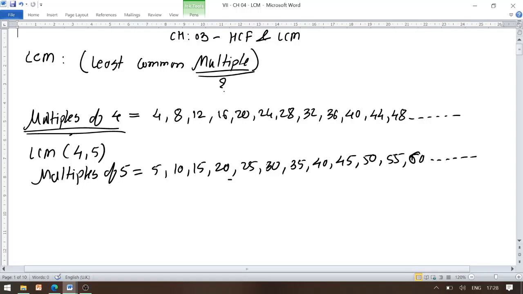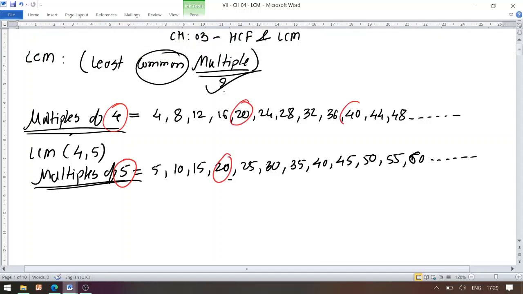So we now have the multiples of the given numbers 4 and 5 for finding the LCM. Next, be focused on the word common. Among them, which are the common multiples of 4 and 5? I will circle them here. That is 20, and next 40, and somewhere we have the next multiples also.